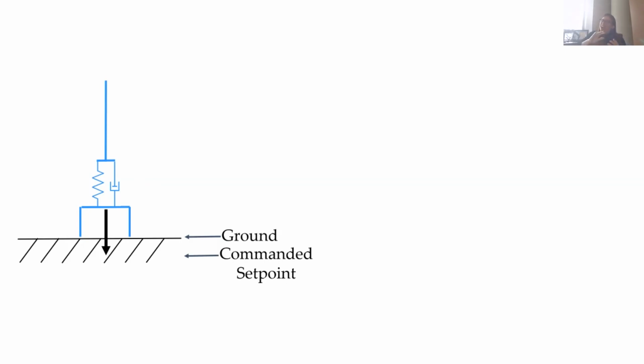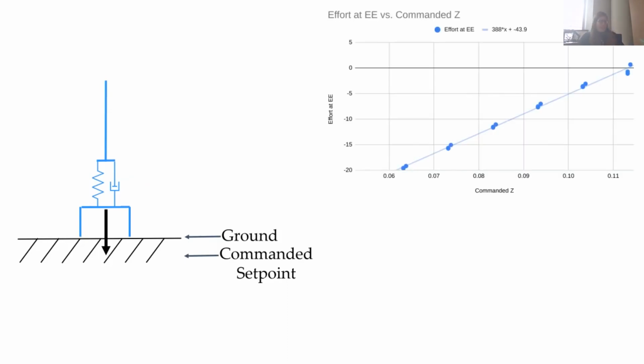Now I'm saying the robot acts like a mass spring damper, and it would be very fair of you to say, okay, yeah, the robot acts like a mass spring damper, but is it actually? And for the robot that we're using, which is the Franka Emika Panda, perhaps shockingly, it really does act like a mass spring damper.